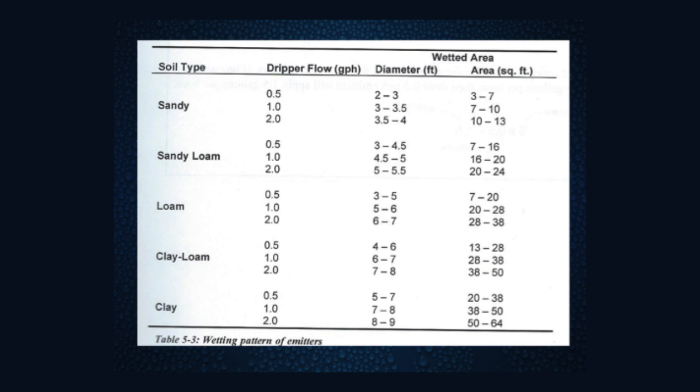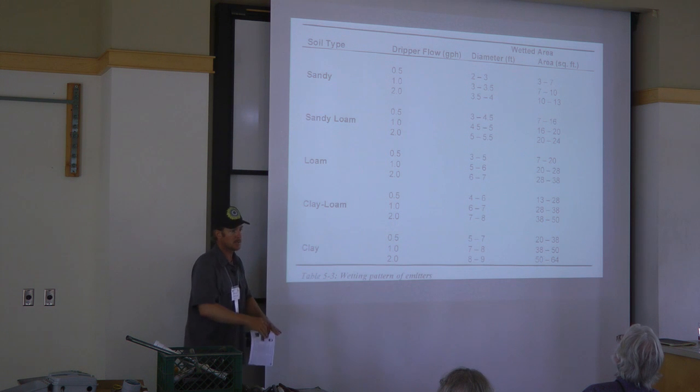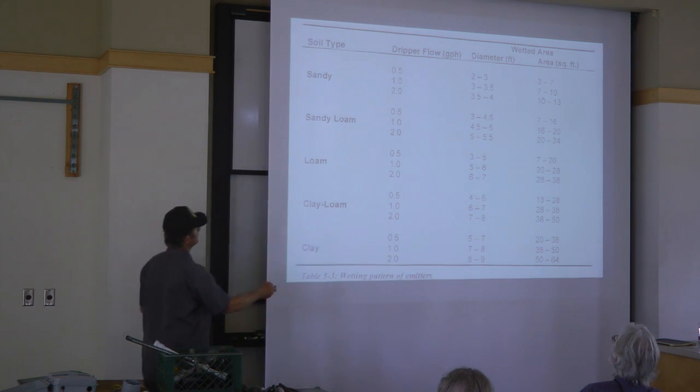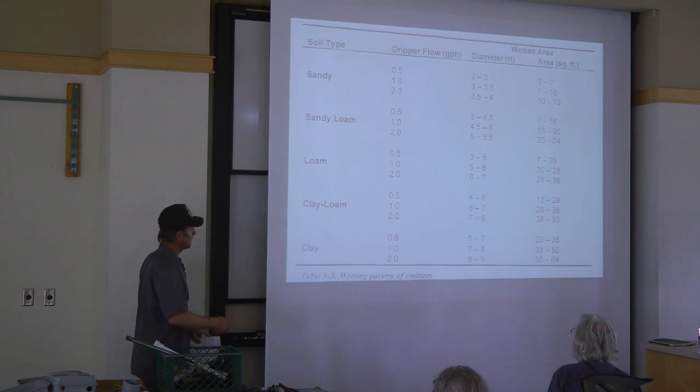So our sandy soil, dripper flow rate, half a gallon per hour. The diameter we said is about 4 feet. I'm going with this 3 to 7 square feet. I'm right in the middle. I said 5 square feet of the wetted area because I've got the half gallon per hour emitter with the sandy soil. Sorry, where did these tables come from?